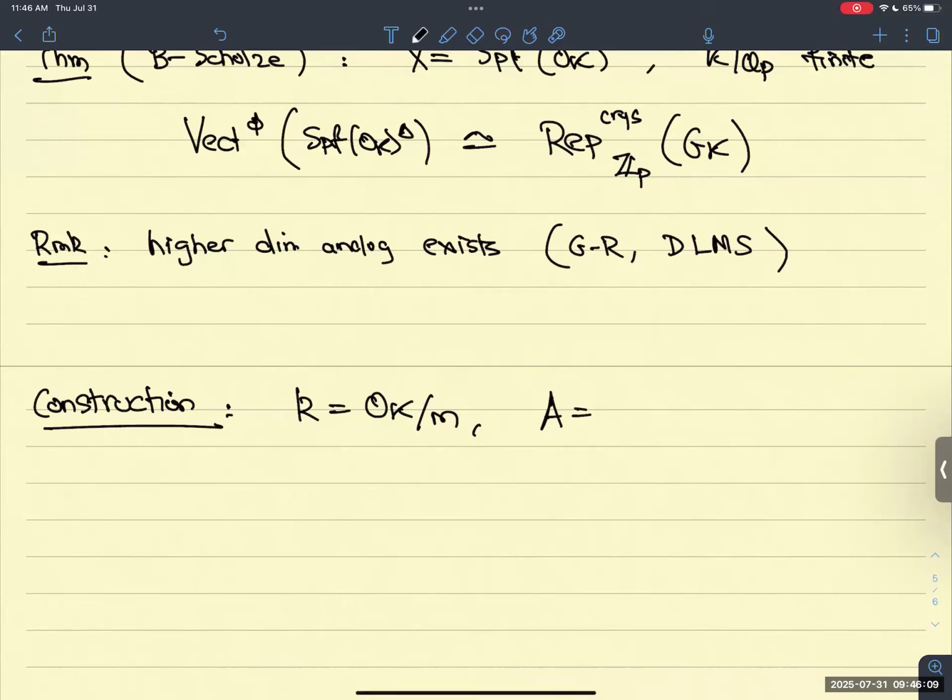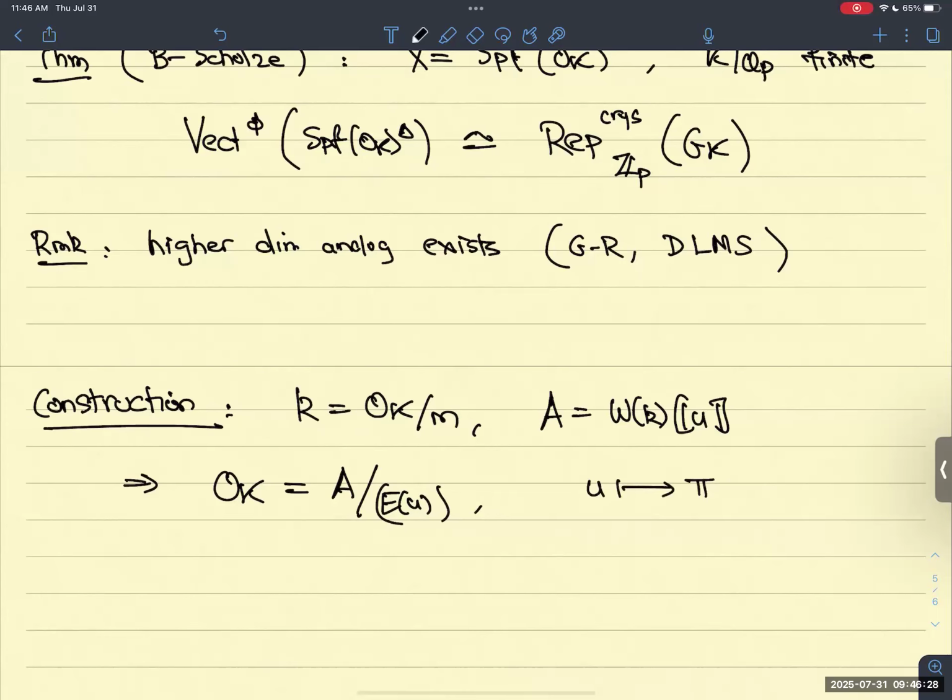A is going to be what's called the Breuil-Kisin prism. So you take the Witt vectors of k and you adjoin a formal power series variable u. And if you choose a uniformizer in K, you can write O_K, the ring of integers, as A mod an Eisenstein polynomial. This is a uniformizer.